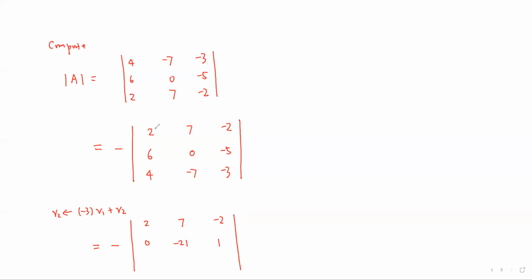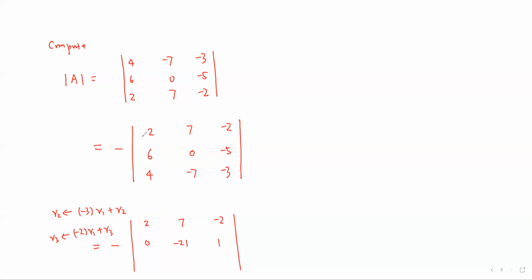Okay, now I use this number as my pivot number to eliminate this number 4. How? -2 times row 1 plus row 3, then put the result in row 3. Again, this operation doesn't change the value of a determinant.